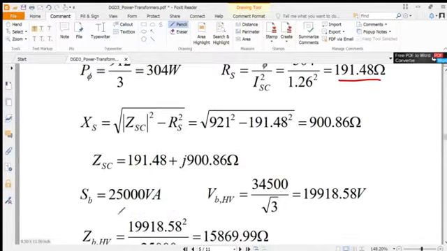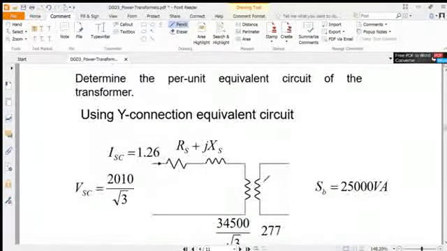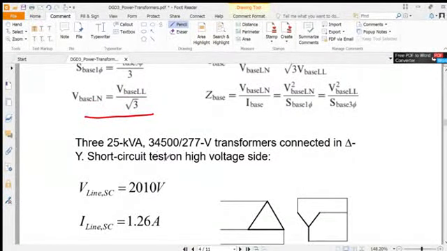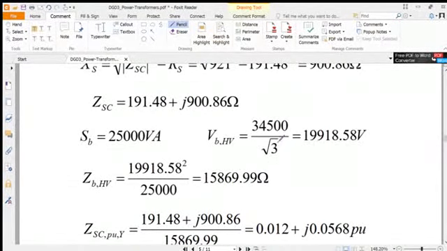Now the base volt ampere. On the high voltage side, the voltage is 34,500. In phase value it is divided by square root 3, and we get the single phase voltage on the high voltage side. What is the base impedance on the high voltage side?